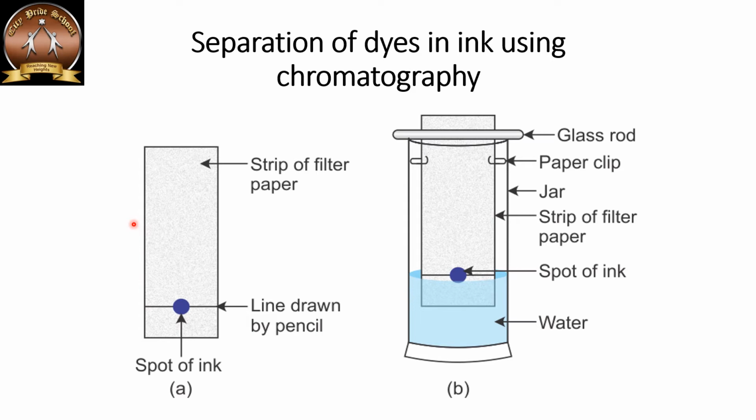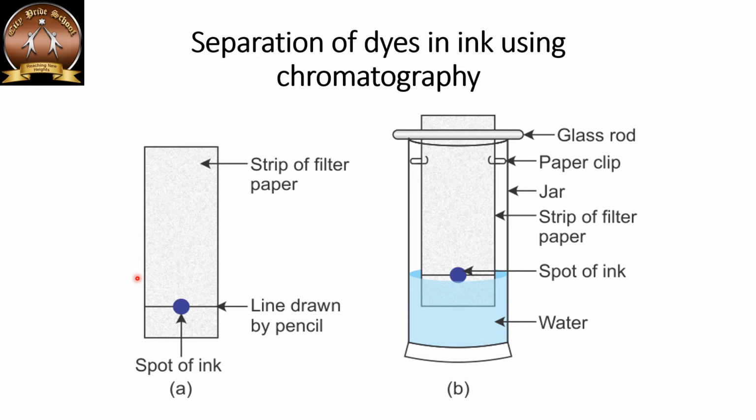This chromatographic paper is made up of different components. It could be starch, it could be cellulose nitrate, and many more examples. Depending upon the requirement, the paper has different components. So this paper would be acting as your stationary phase.